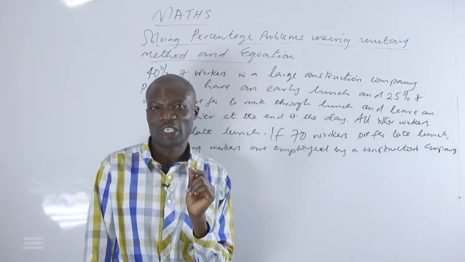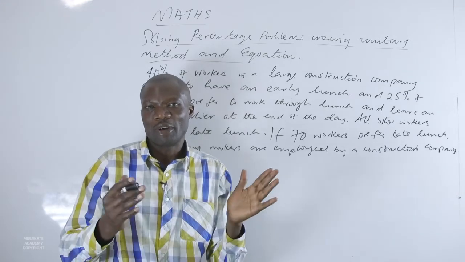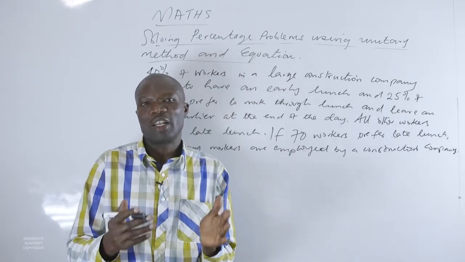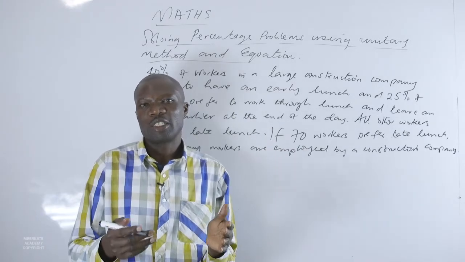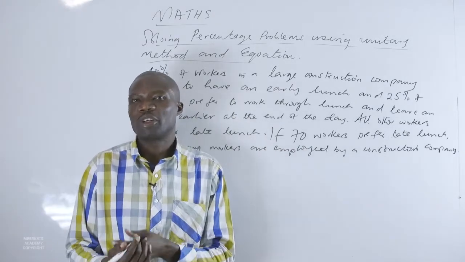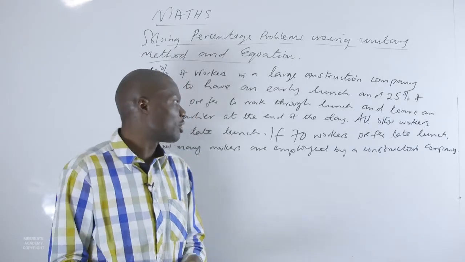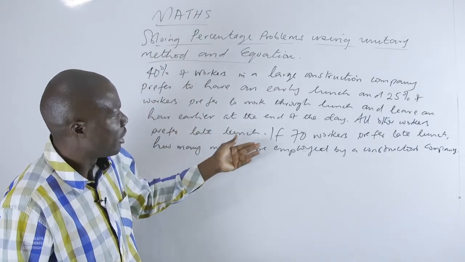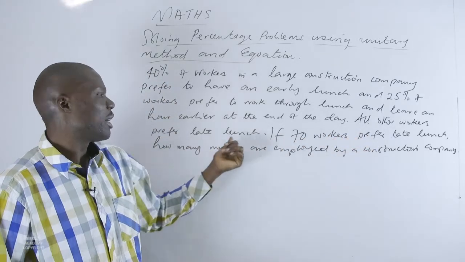So what are we trying to say here? We find a way to add together the categories: those who go for early lunch, those who work throughout lunch hour, and those who prefer late lunch. All the other workers prefer late lunch.